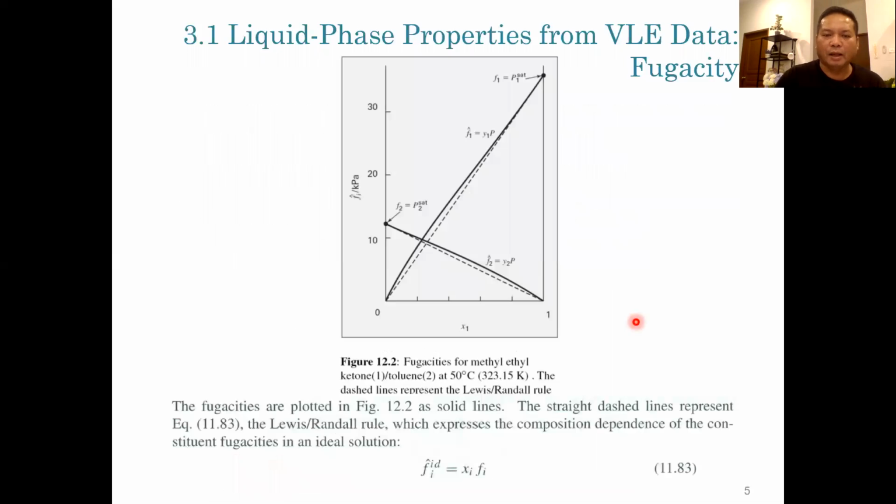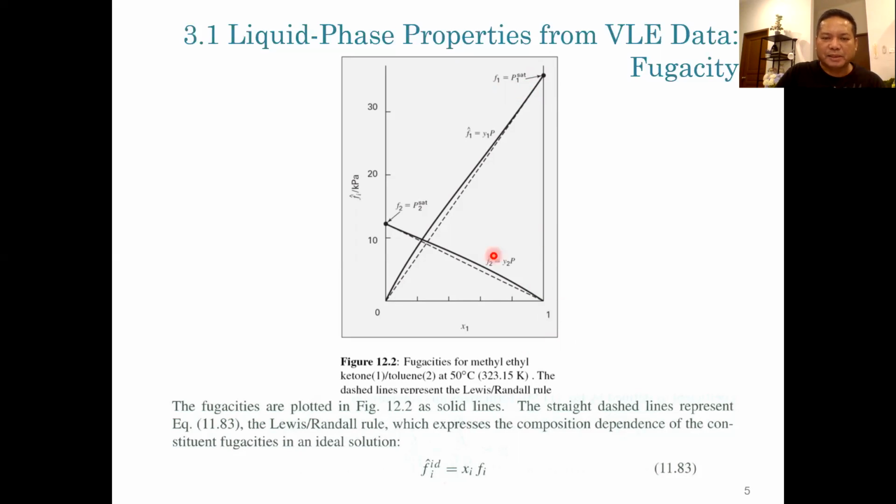If we plot it here, this is the plot for species 1, the fugacity of species 1. When x1 is 0, then the fugacity is 0. But when it's 1, pure species, then it's equivalent to the saturation pressure of species 1. Fugacity 1 is equal to the saturation pressure of species 1.